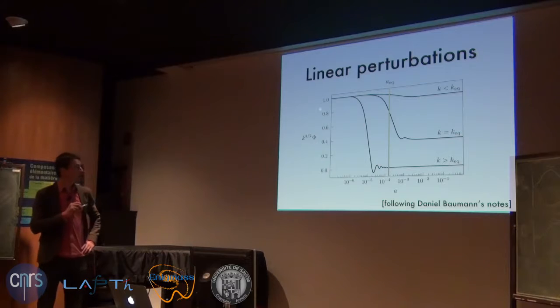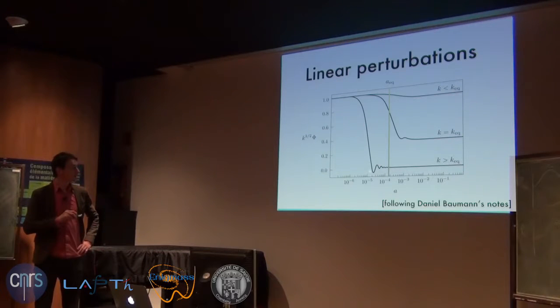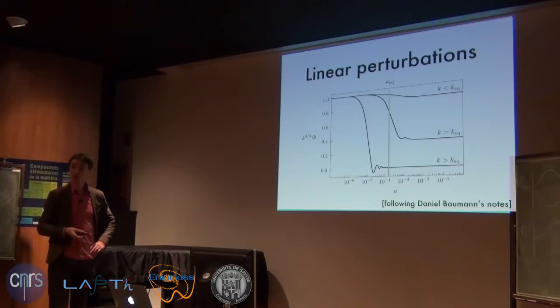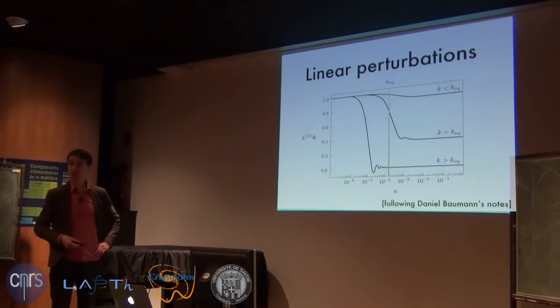The mode that enters the Hubble radius before radiation and matter exchange their roles, so before matter takes over the driving of the expansion rate from radiation, starts as a constant in time.